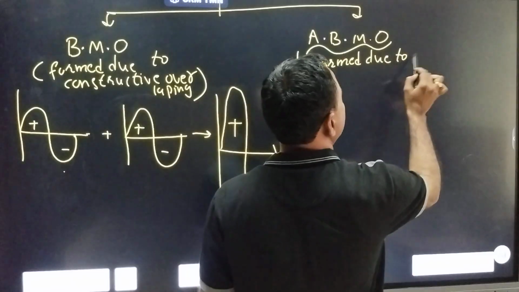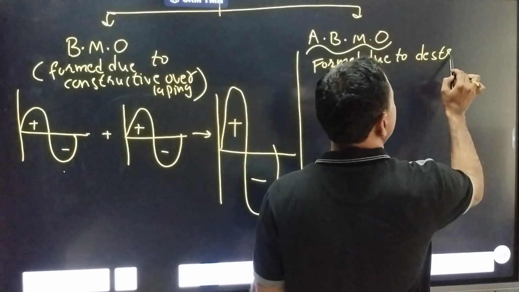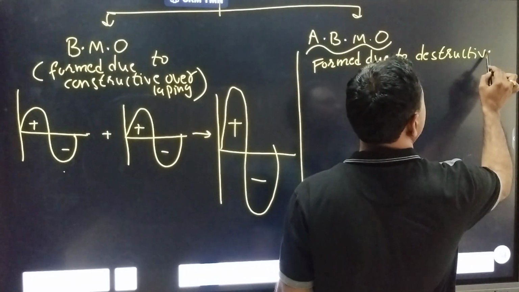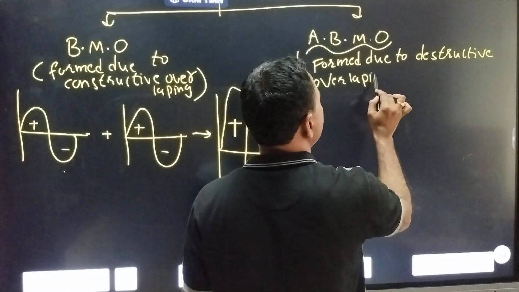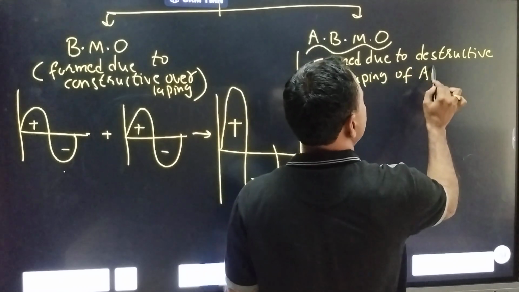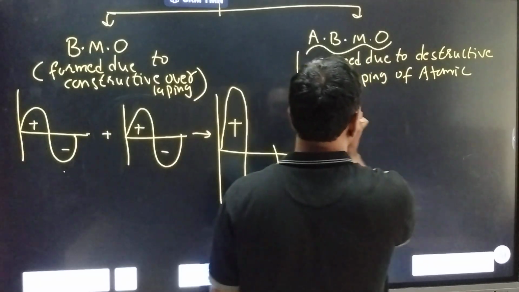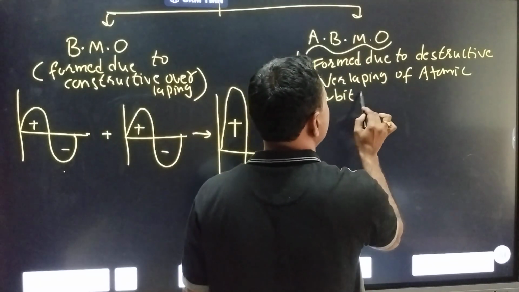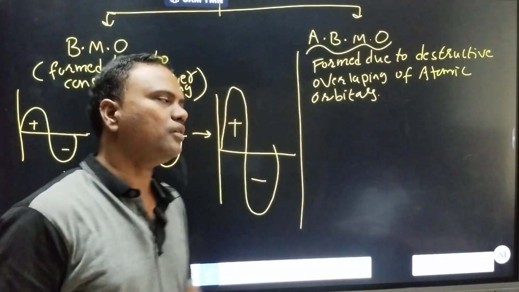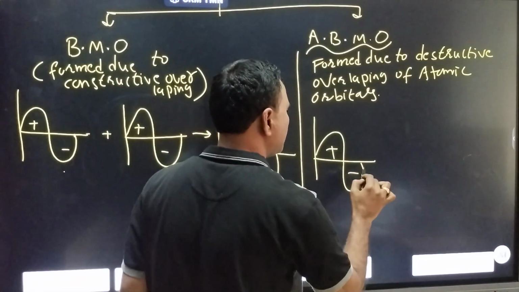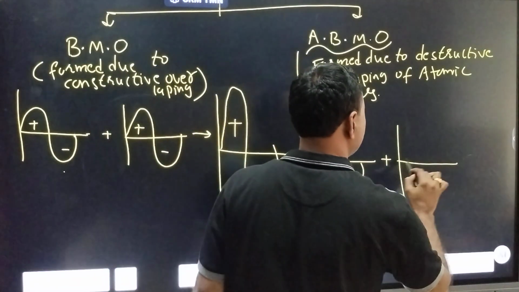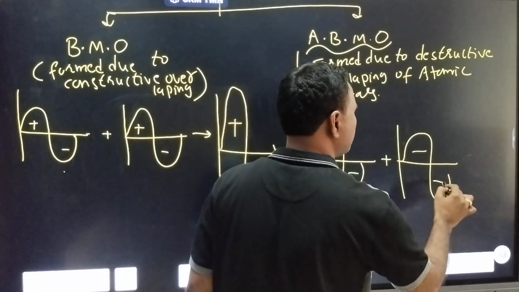It is formed due to destructive overlapping of atomic orbitals. Positive, negative; here, negative, positive.